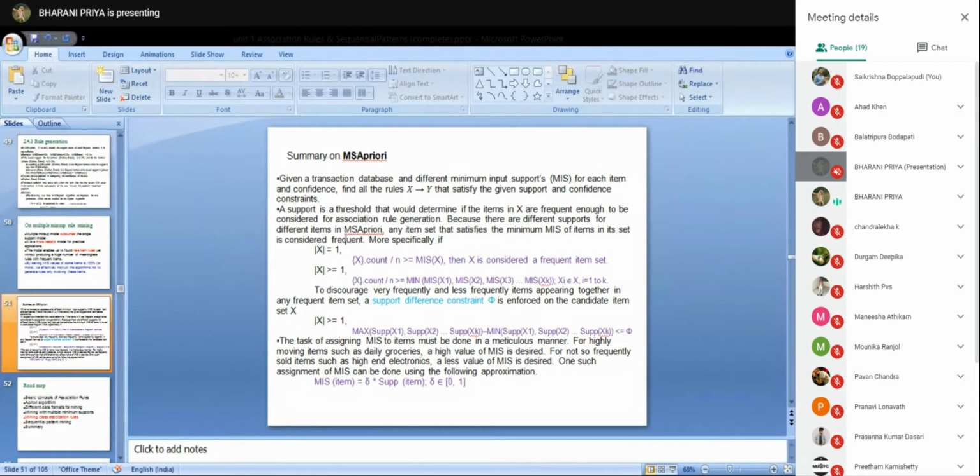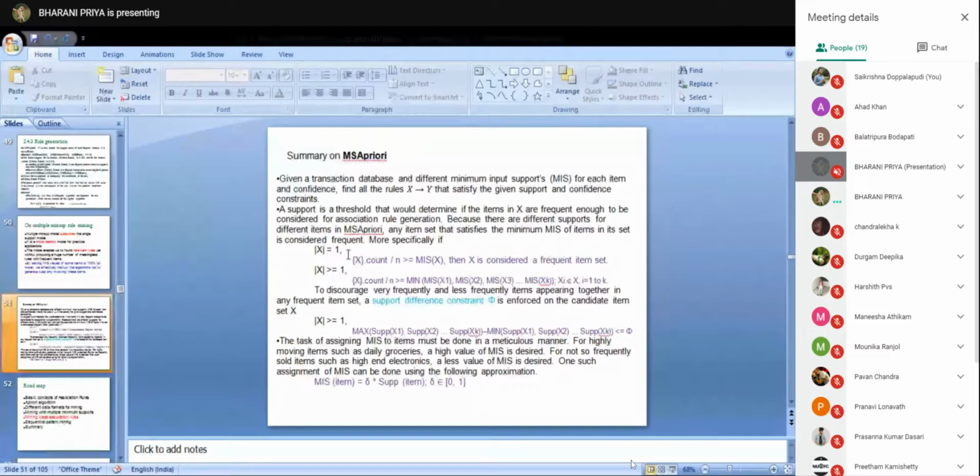For that, we are specifying multiple item support, that means for each item, we are giving a support value. If your itemset contains only a single item, then the simple support count should be greater than or equal to the MS value.